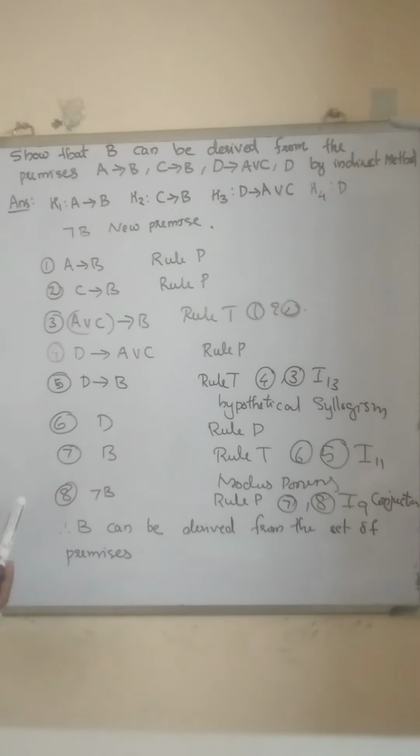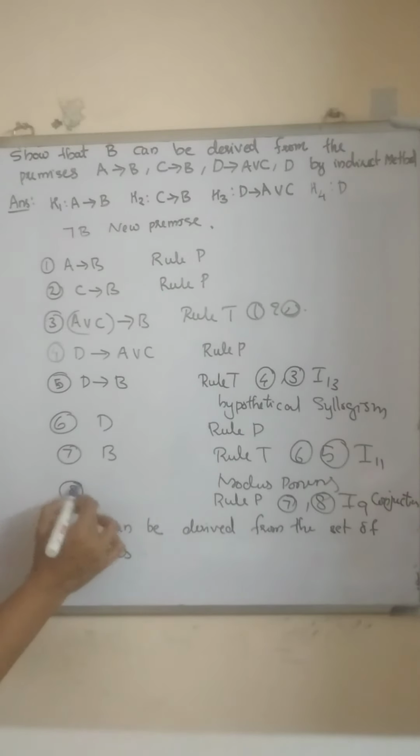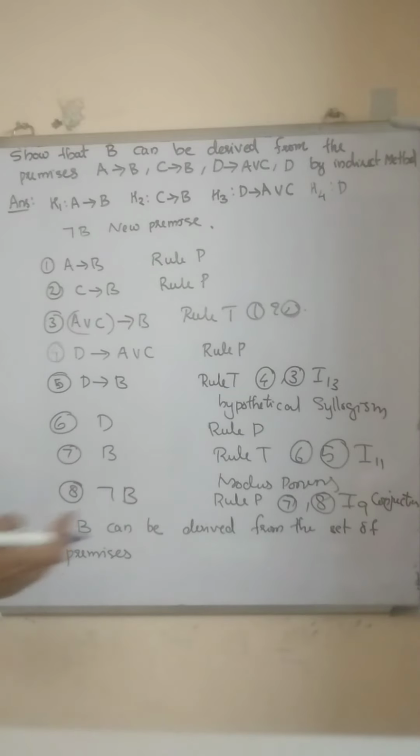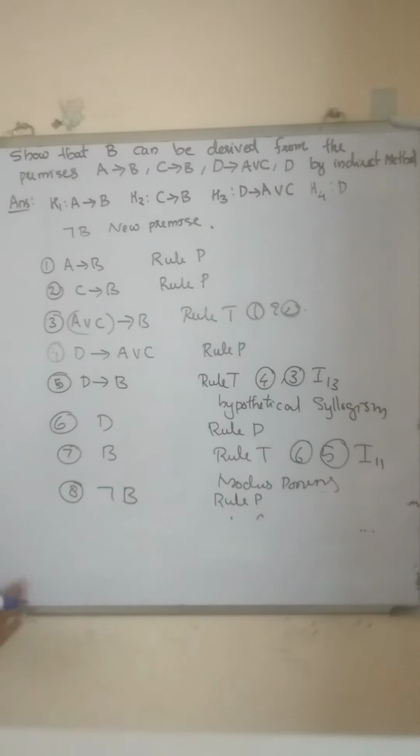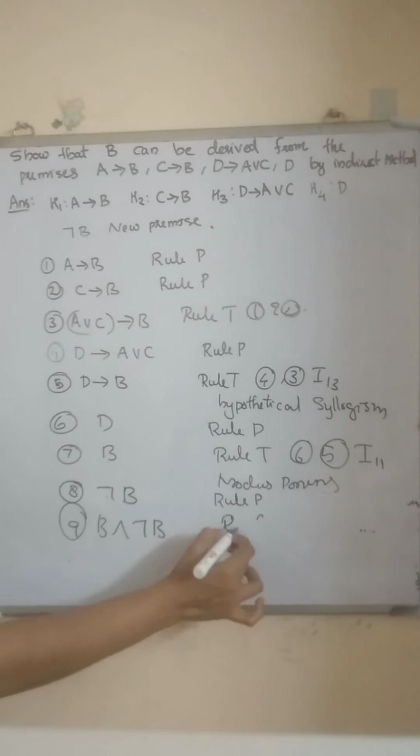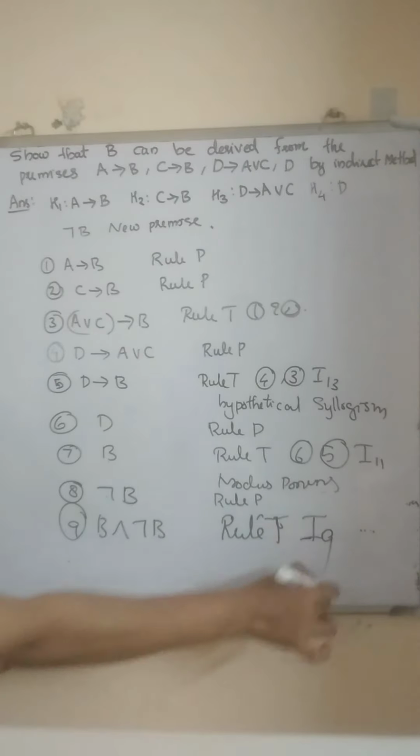Then we introduce the new premise negation B, here it is rule P. By rule T, B and negation B by 7 and 8, by I9 conjunction.